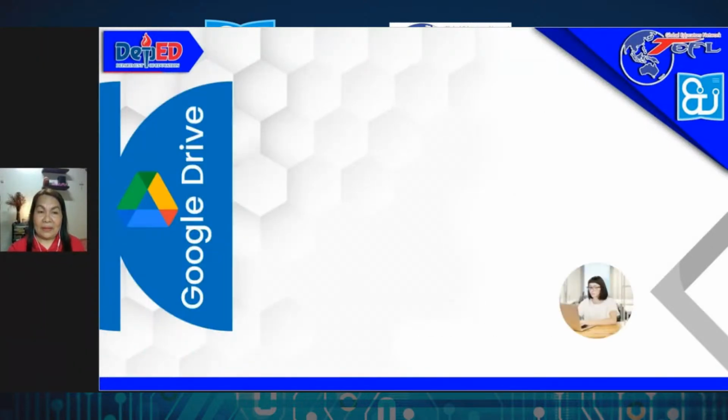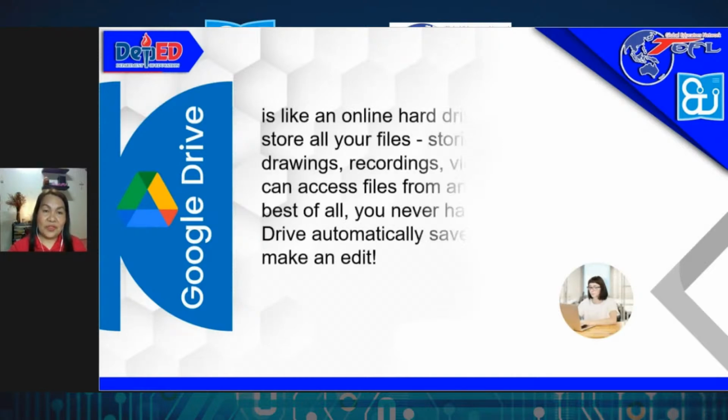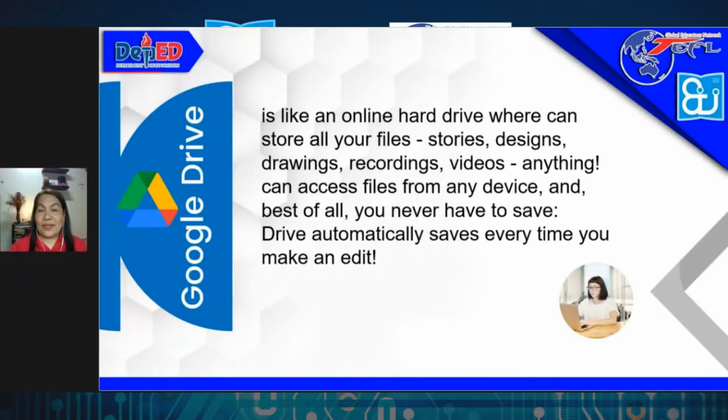Another thing in Google Workspace Fundamentals is Google Drive. It's like an online hard drive where you can store all your files, stories, designs, drawings, recordings, videos, anything. You can access files from any device, and best of all, you never have to save.